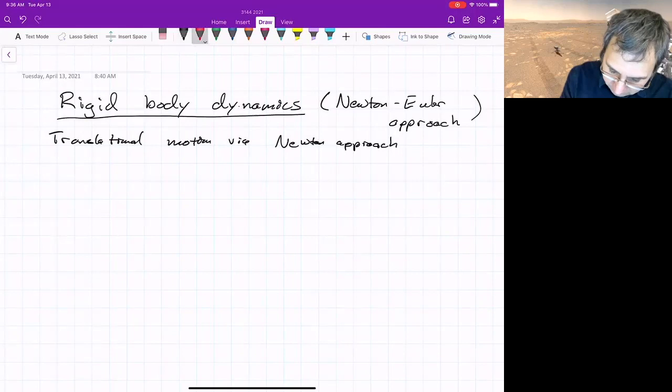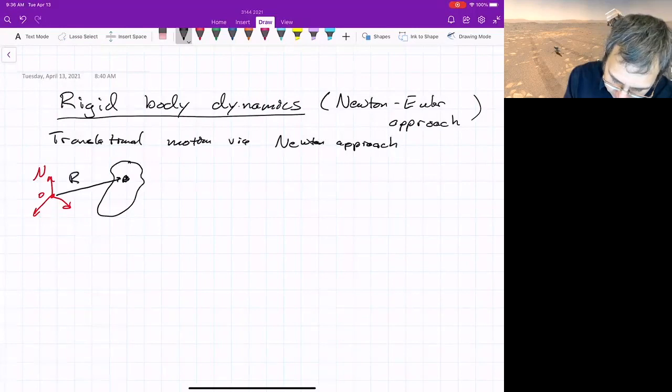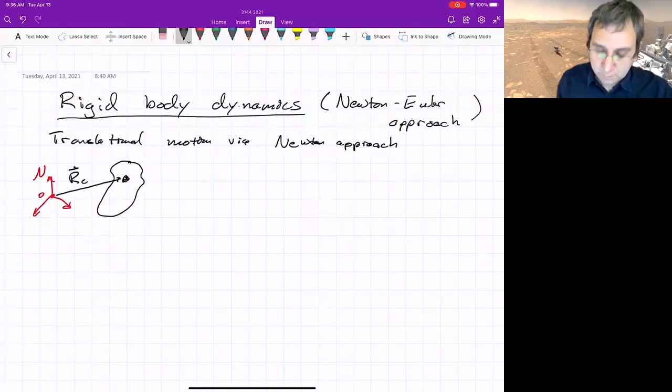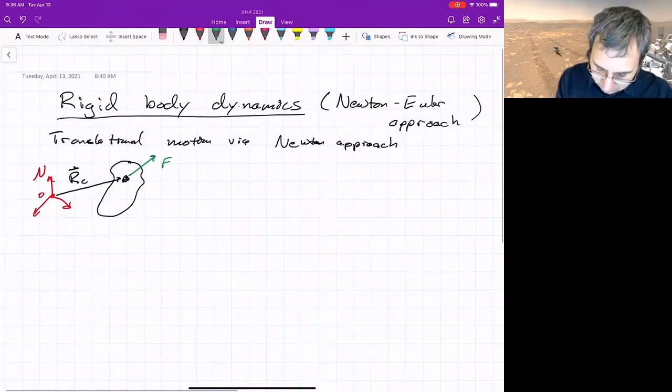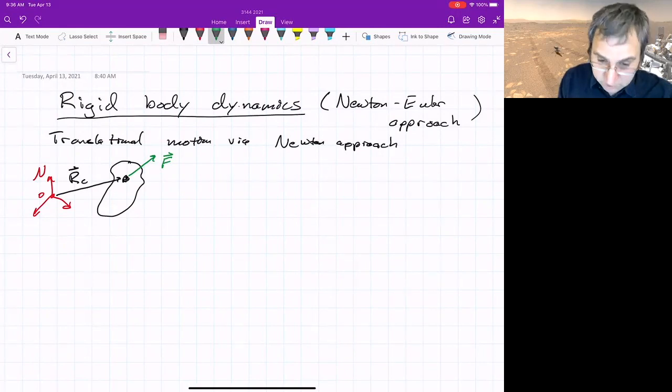So that means we've got an inertial frame, some kind of origin, and a floating arbitrary thing. But it is a rigid body, and we're tracking the location of the center of mass. So if this has a total force, we'll just write it that way. And this is the total external force, because we don't even consider internal forces, like if it's magnetic or something, who cares?